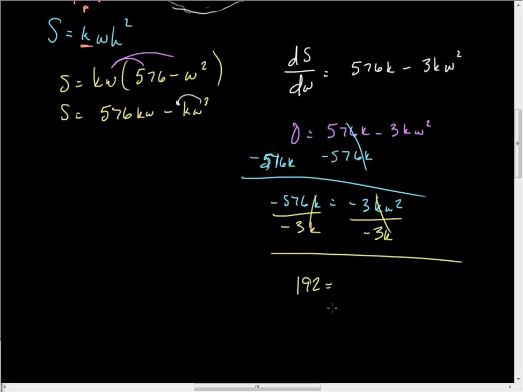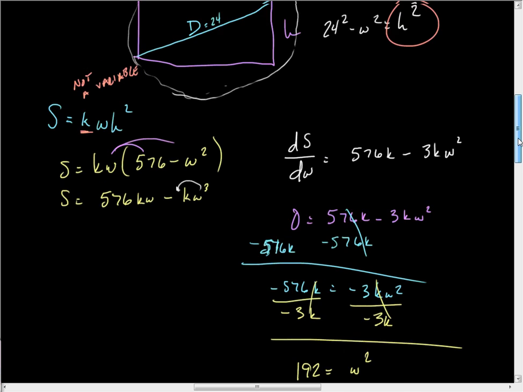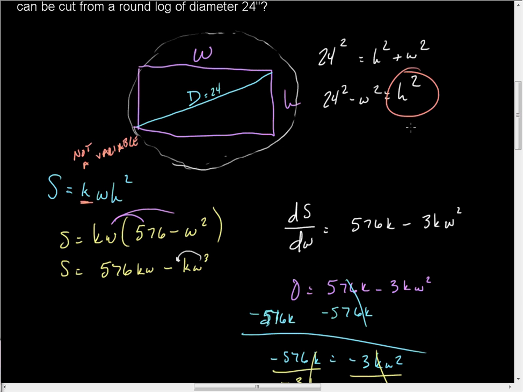And we get that it is equal to w squared, which means that w is the square root of 192, which I believe is not a nice square root. Nope, 13.86. So w is approximately equal to 13.86 inches. I didn't carry the inches through, but because the 24 was represented in inches, that set the units for the whole mess.